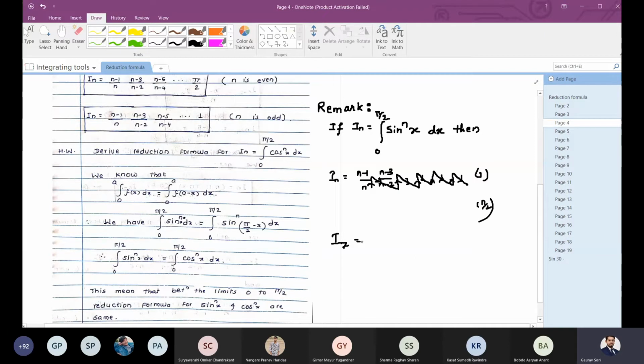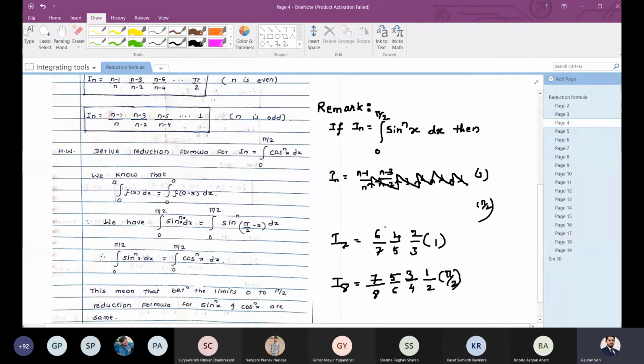So if I want I7, then it's 7, 6, 5, 4, 3, 2, 1, right? If we have I8, then what will be the answer for this? 8, 7, 6, 5, 4, 3, 2, 1, and last I0 is pi by 2.